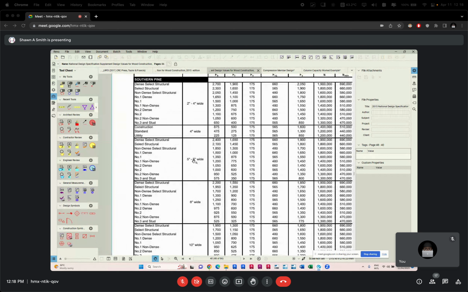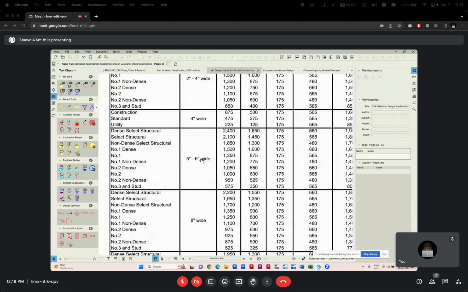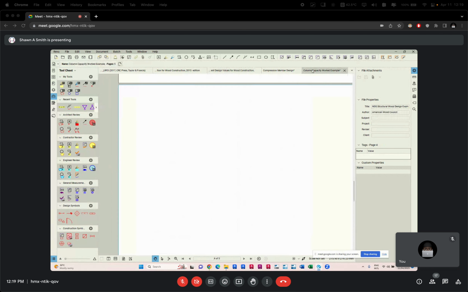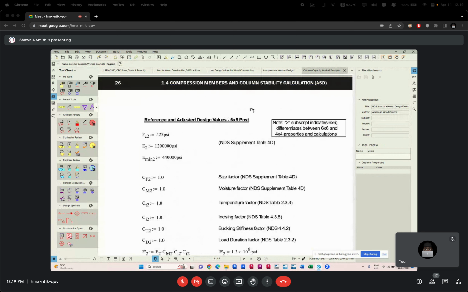One would be inclined to think that they could take something from inside here because it meets 6 inches. However, they are saying that they have a separate table for 5 inch by 5 inches and up, which is what they use, and that's table 4D.